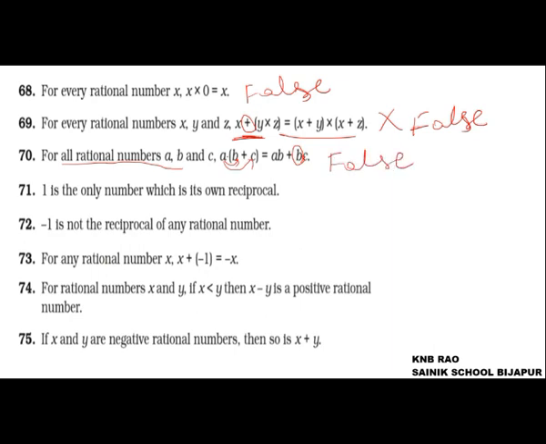It's supposed to be AB plus AC, but instead of AC gave BC. Next, 1 is the only number which is its own reciprocal. 1 is the only number, he says. It is false because there is one more number, minus 1, which also acts as reciprocal of its own. So it is again false.